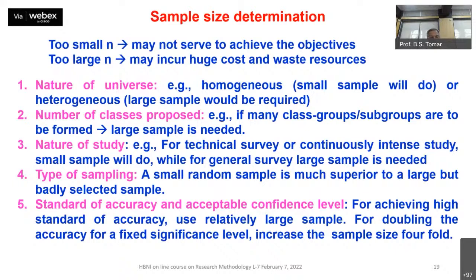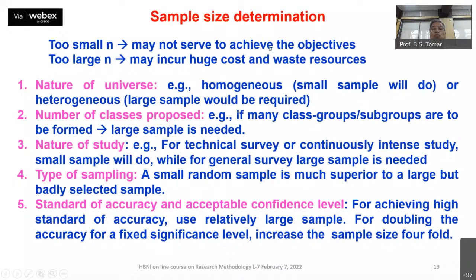The last aspect is the sample size distribution. How large should the sample size be to determine the population parameters? This is a very important exercise because sampling is important, and you have to optimize the sampling. If you take too small a sample size, it may not serve to achieve the objectives.